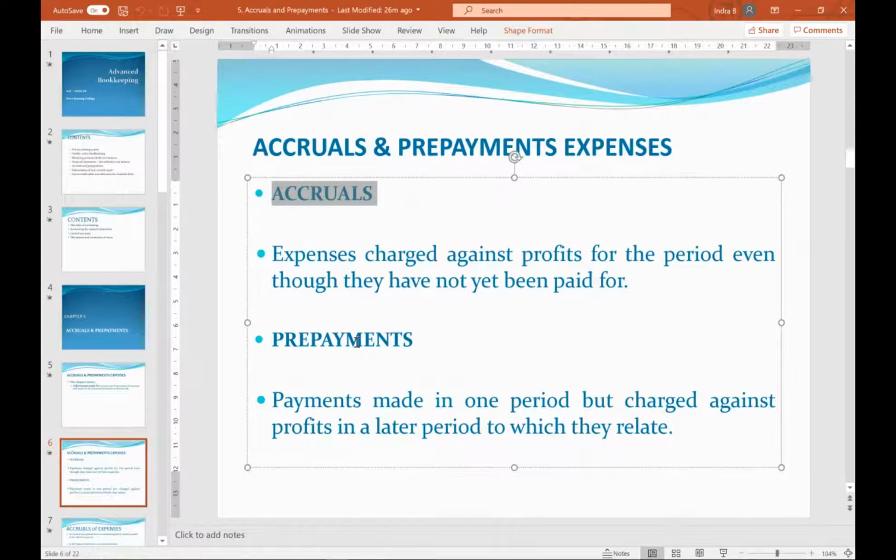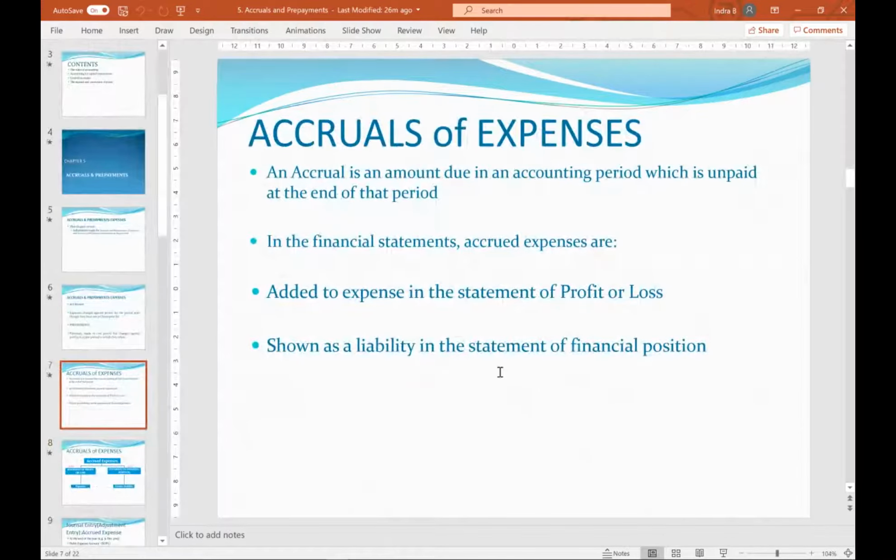This is not called the prepayment concept, it is called the accrual concept, which we'll learn in chapter number 8, about the rules of accounting. So one of the rules is the accrual concept, and under that we have to do the adjustment for accruals and prepayments. We are going to learn how we will do it.